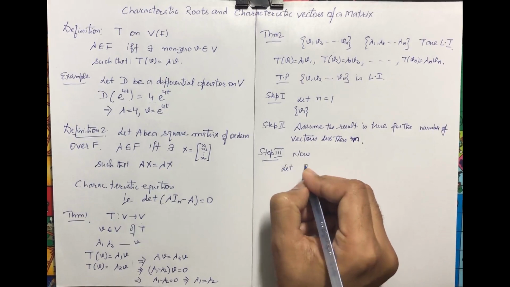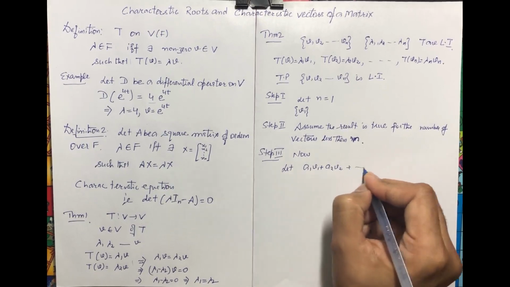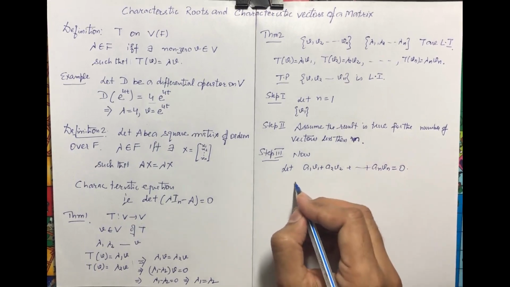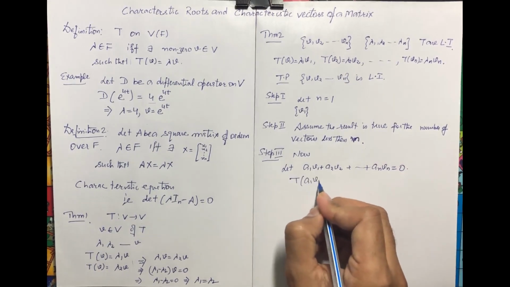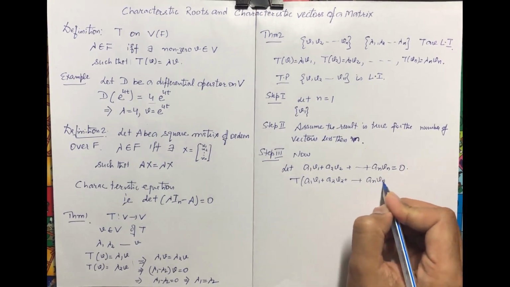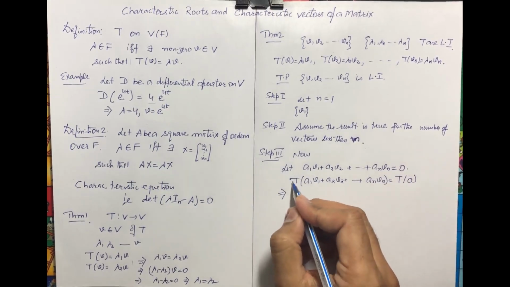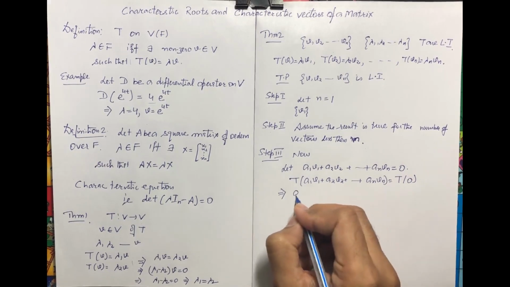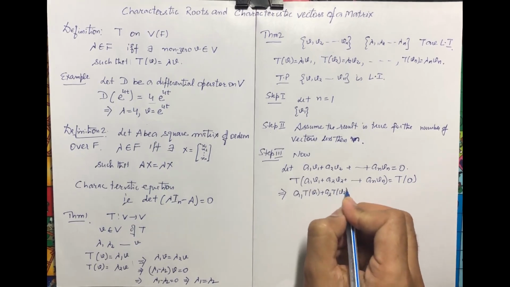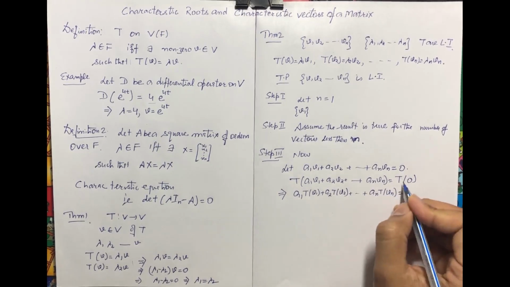Let a linear combination of n vectors, a1 v1 + a2 v2 + ... + an vn equal 0. Taking transformation on both sides, T(a1 v1 + a2 v2 + ... + an vn) = T(0), which further implies, as T is a linear operator, it can be taken inside: a1 T(v1) + a2 T(v2) + ... + an T(vn), and the image of 0 is 0.